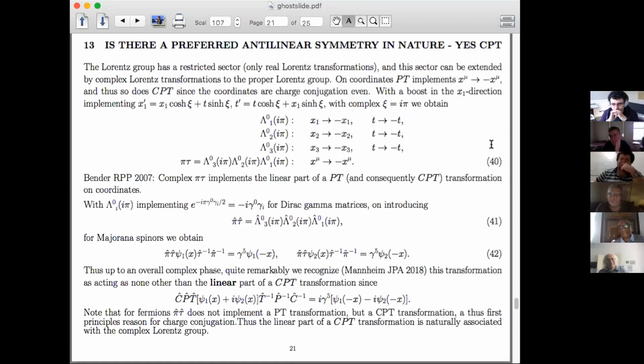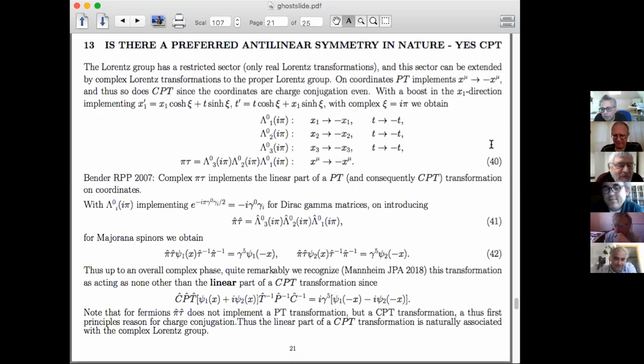Philip, can I just ask one thing here? In all the stuff that you're doing, do you have a concept of broken PT symmetry? Broken PT symmetry is a term that Carl introduced to differentiate between the realization where all the energies are real and the realization where the energies are in complex conjugate pairs.